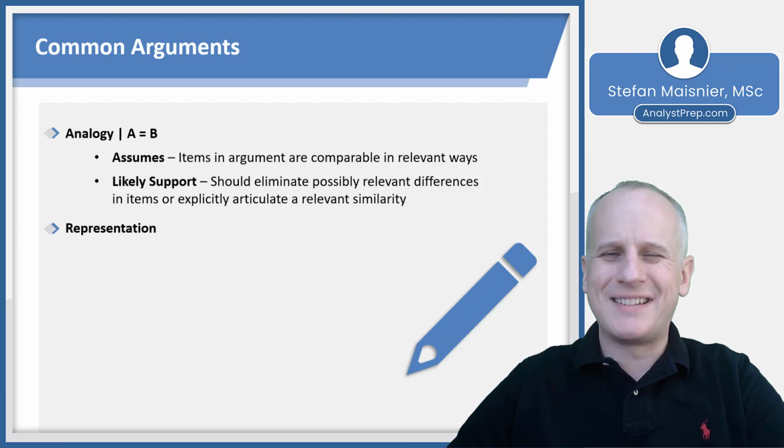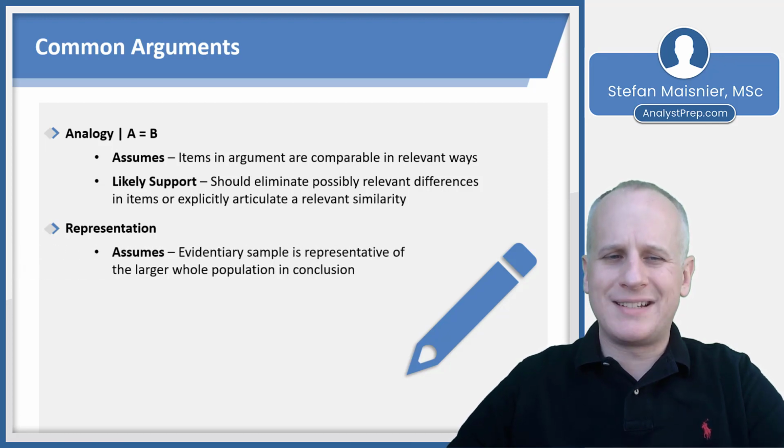Now, representation-based arguments are going to be the ones that ask you to make a conclusion based on some representative sample or some other grouping that you then extrapolate to a larger whole. And your assumption for any representative sampling or representation argument is that your sample is representative of that larger whole population that's referenced in the conclusion.